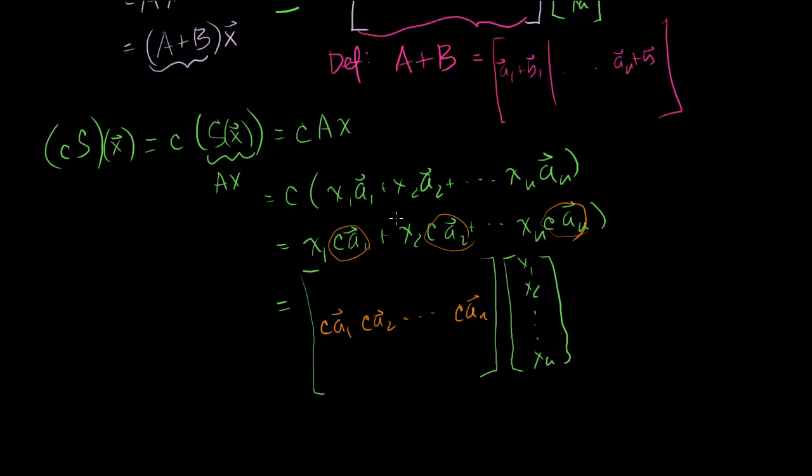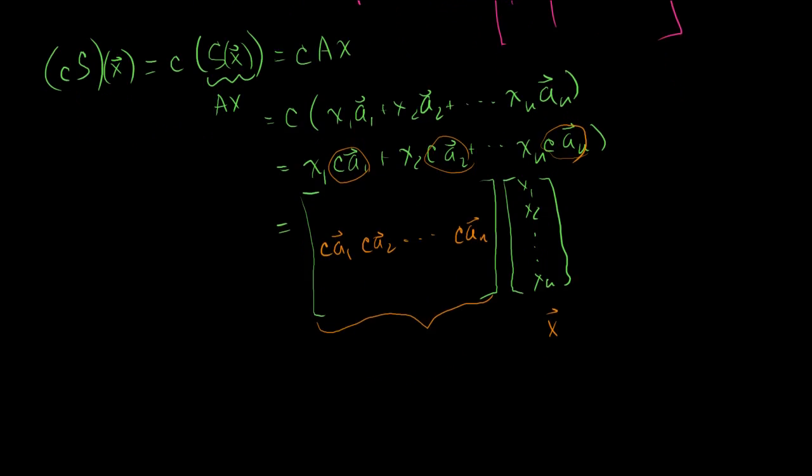Now, wouldn't it be nice if I could define this thing as some new matrix times a vector x? Because this should also be a linear transformation. And this new matrix, I am going to define. This is a definition again. I'm going to define this new matrix as being c times A.